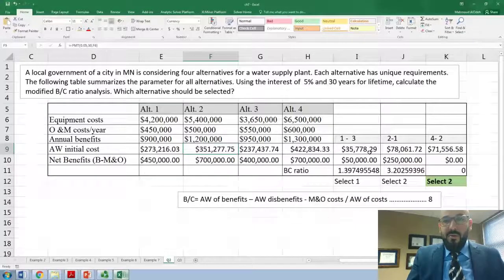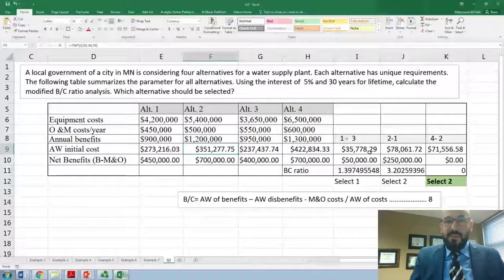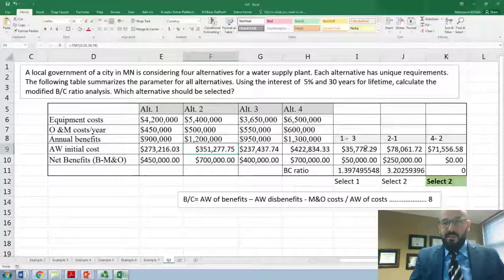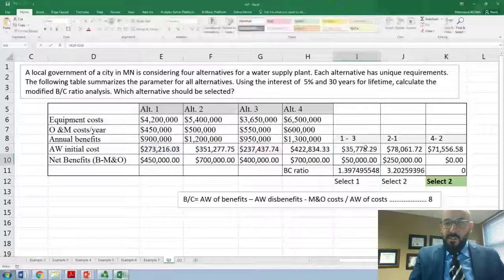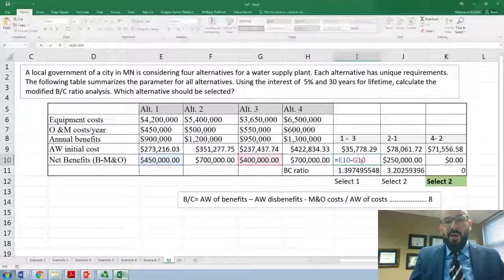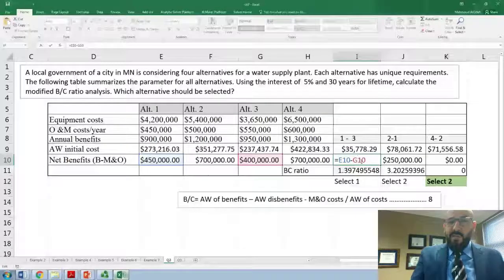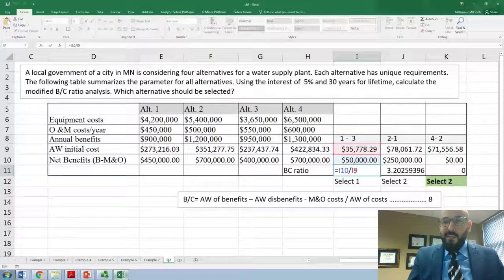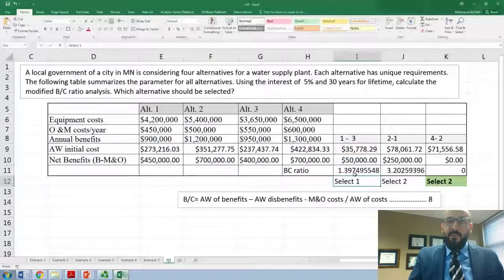In order to do the incremental analysis, we subtract the higher cost minus the lower cost. In this question, alternative 1 has the higher cost, so we do the incremental analysis based on alternative 1 minus alternative 3 for the initial cost, and the same thing for the net benefit. We subtract 450 minus the 400,000, and then we calculate the BC ratio by dividing the benefit by the cost, and that would give you 1.39.